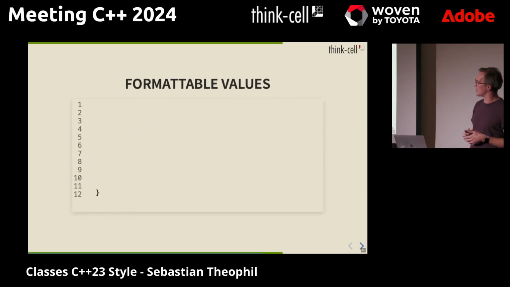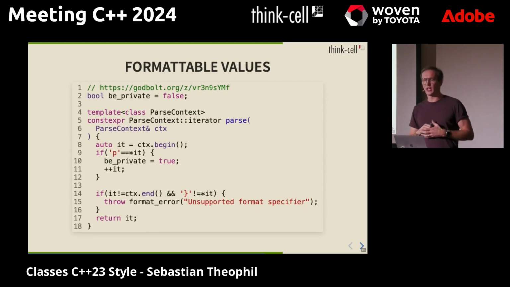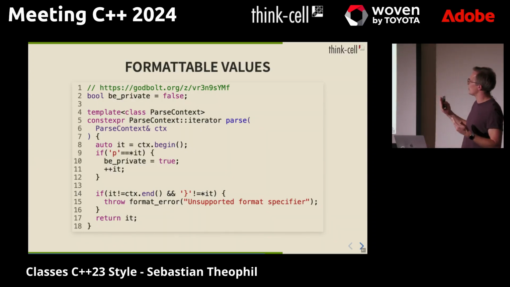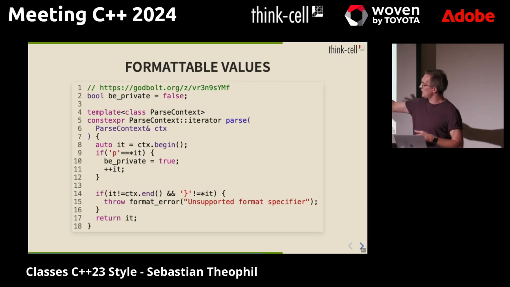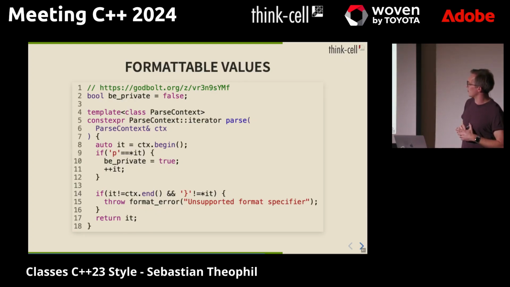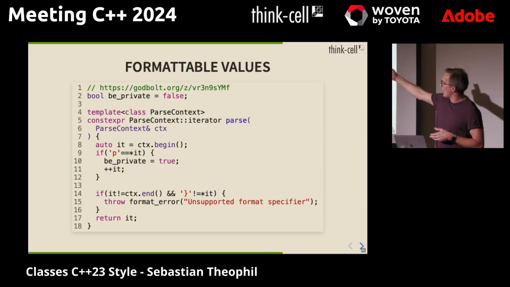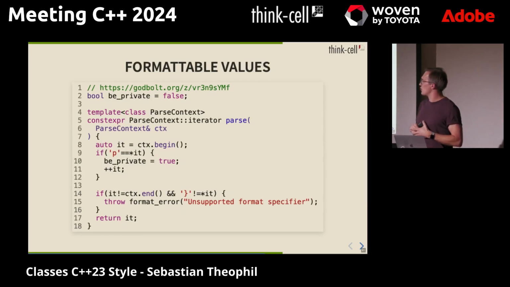Parse, like I said, gets the parse context. The parse context gets an iterator to the beginning of the format specifier. Now let's say I want to implement a very simple format specifier, which is format specifier P. That means be more private and don't print my H into every format string. And you can also look at the standard library implementations. It is often really as simple as going over that range, checking.